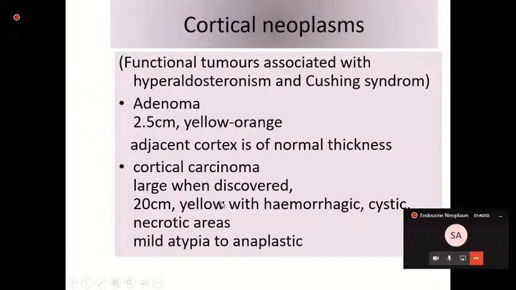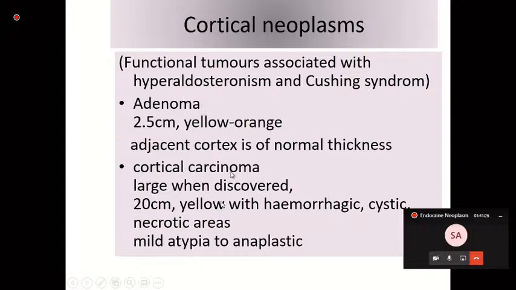Cortical neoplasm, as you know, you already covered in the adrenal disorder, right? Functioning tumors are associated with hyperaldosteronism and Cushing syndrome. So I'm not going through all the manifestations of Cushing and hyperaldosteronism because already covered. So we just see what is the adenoma and what is the carcinoma.